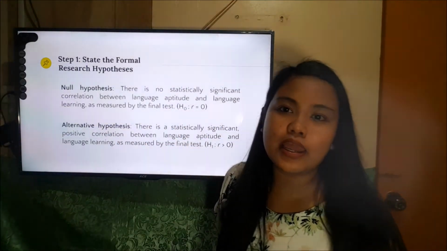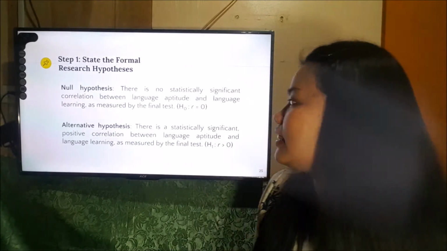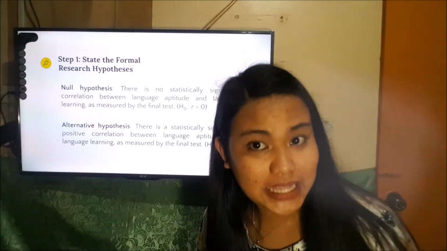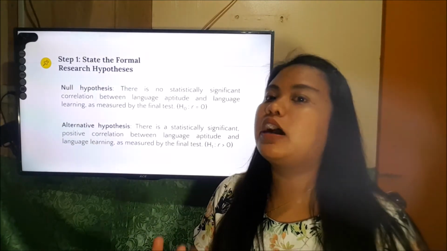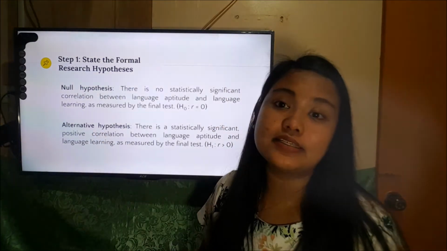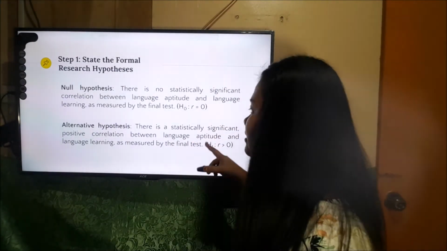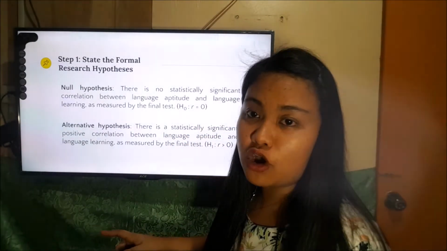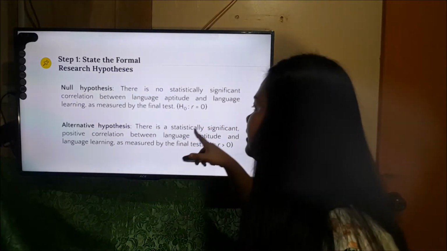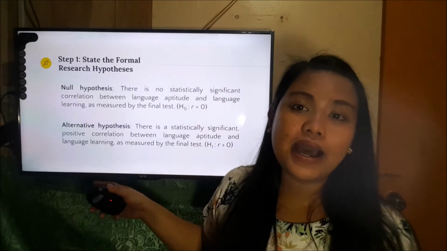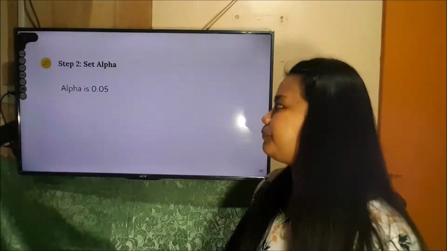And since there is enough evidence to say that there is a positive correlation between the two variables, the aptitude test and the final test, our alternative hypothesis goes like this. There is a statistically significant positive correlation between language aptitude and language learning as measured by the final test.